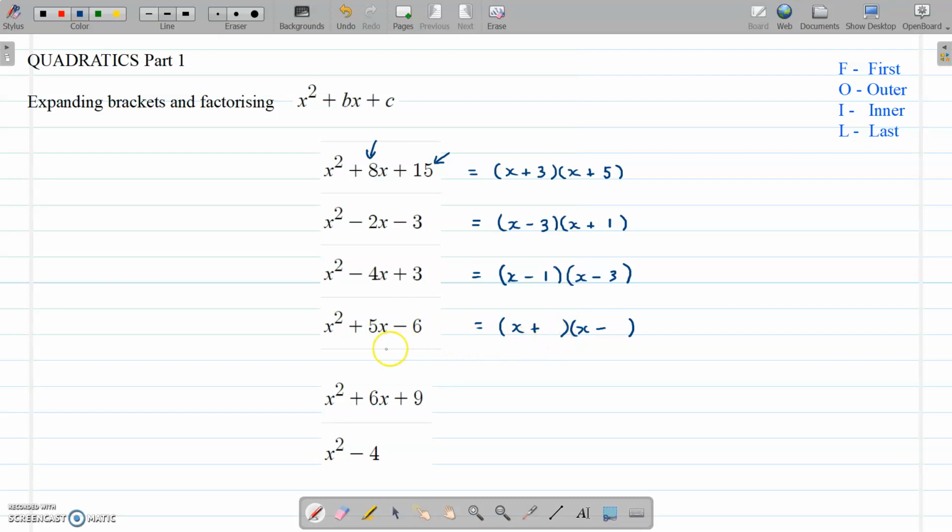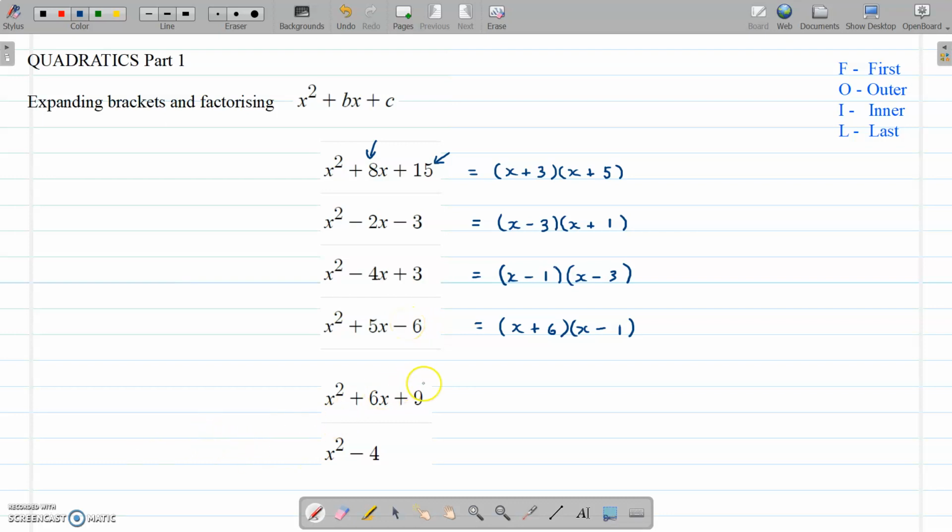Now, you could be fooled by this one actually, because a lot of people would think of 3 and 2 straight away because of the 5, but actually one's a minus and one's a plus. So to get the +5, you actually need +6 and -1. Okay, because 6 times -1 is -6, and 6 plus -1 is 5. Okay, so that's a factorization process that's been applied to these 4 quadratic expressions.